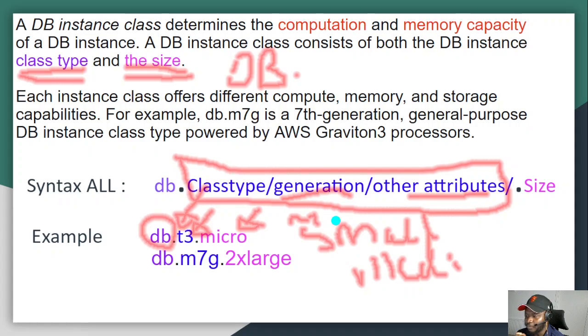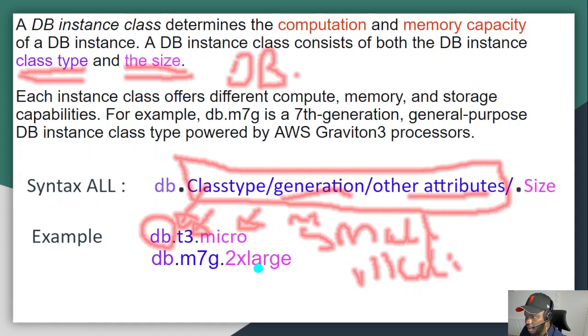After micro you have small, after small you have medium, after medium you have large, after large you have extra large, and after extra large you have maybe two times large, three times large, and so on. That is how AWS labels its RDS instance classes.